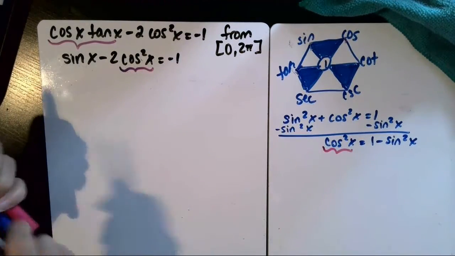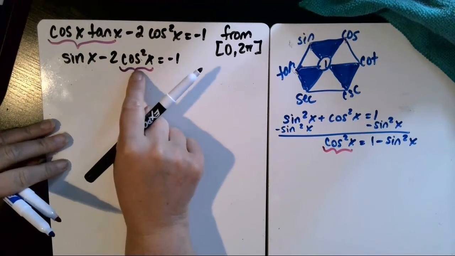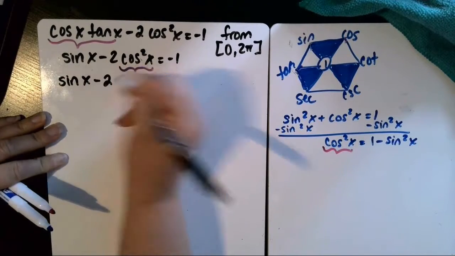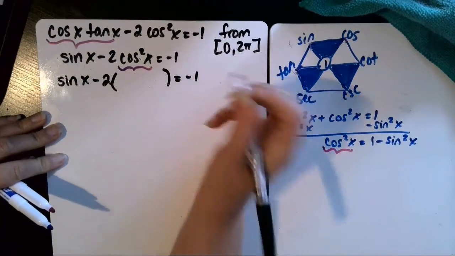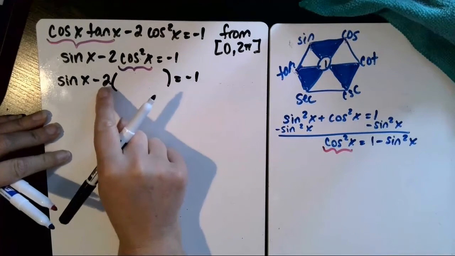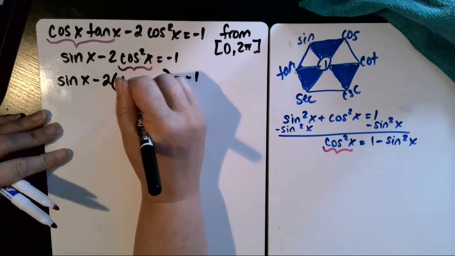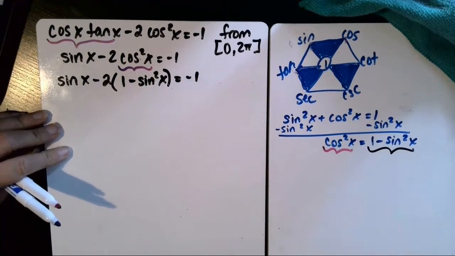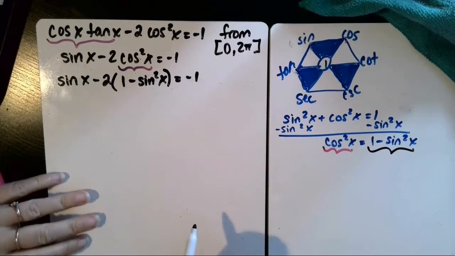Now, we have to be careful because this is a -2 as the coefficient on the cosine squared x. So when we're rewriting sine x minus 2, we're going to need to encase the substitution in parentheses so that that -2 coefficient applies to the entire identity, 1 minus sine squared x, which we got from our Pythagorean identity with the trig hexagon.